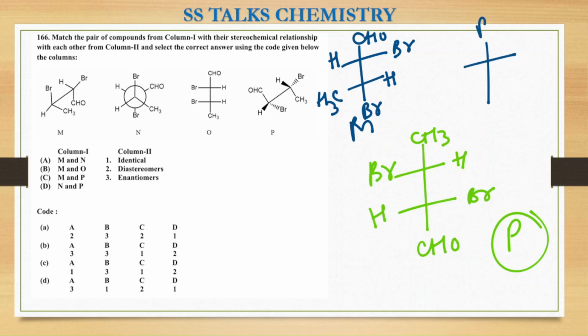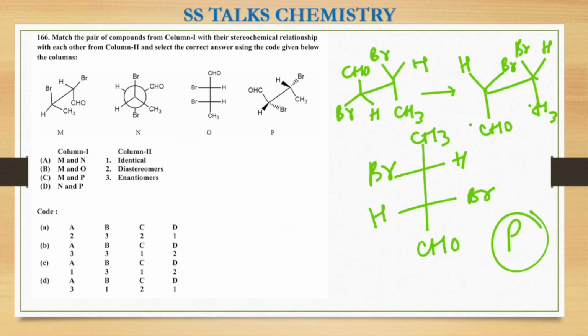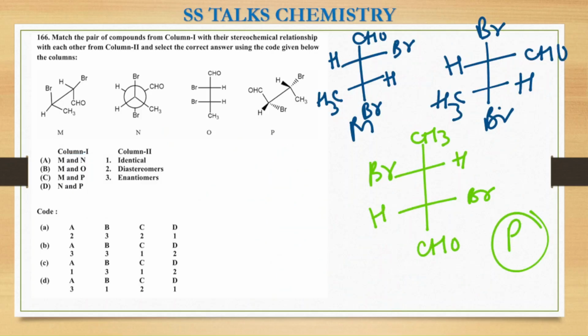We are having this Br, hydrogen, and this CHO group that is present over here. And the other center is, here is this methyl group you are having, here is this hydrogen, and here is this Br group you are having. Br on opposite ends, methyl and CHO are on the opposite sides. So this is the molecule N we are having.